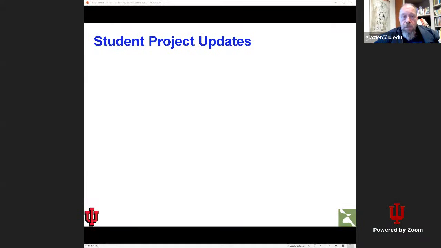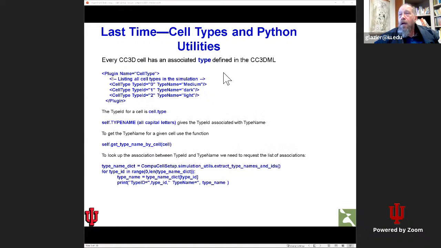So let's come back to the lecture. I just wanted to remind you of a couple of things from the last class. Again, the concept of cell type and this relationship between type number, which is called type ID, and type name.